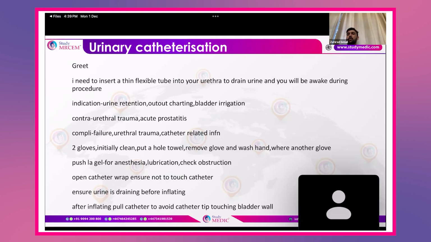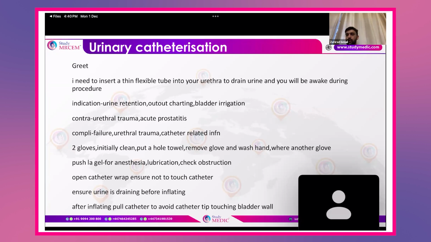Contraindications are urethral trauma and acute prostatitis. Complications are failure of the procedure, urethral trauma, and catheter-related infections. To avoid the complications, we'll do it in a strict sterile environment. To avoid trauma, we'll inflate the urinary catheter only after we see urine coming out through the catheter. And if any other complication arises, we'll contact the urologist.